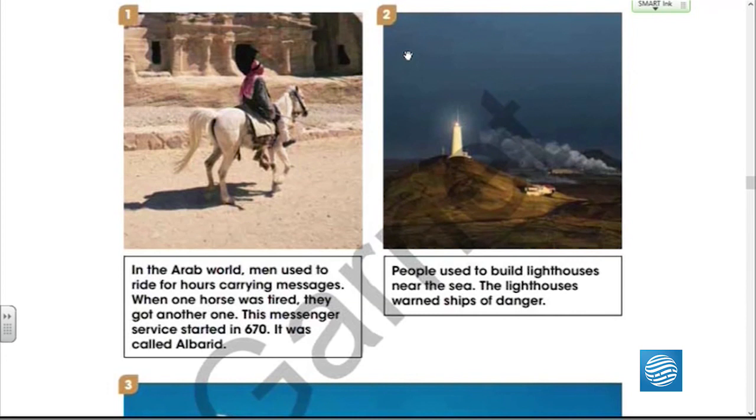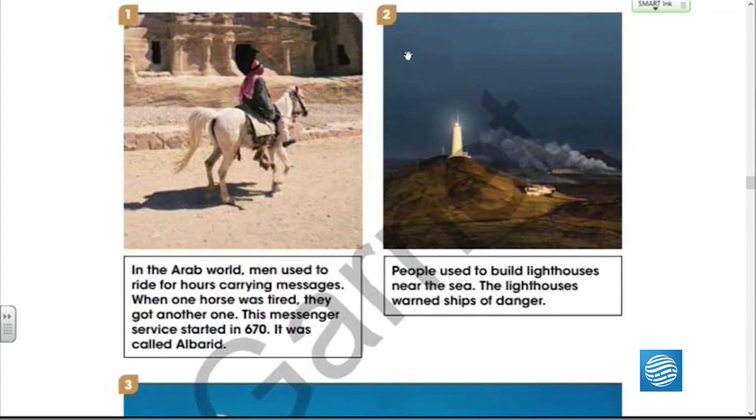This messenger service started in 670. It was called Al-Barid.